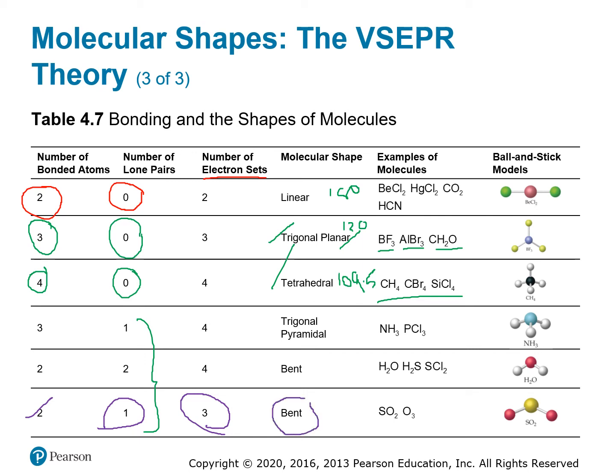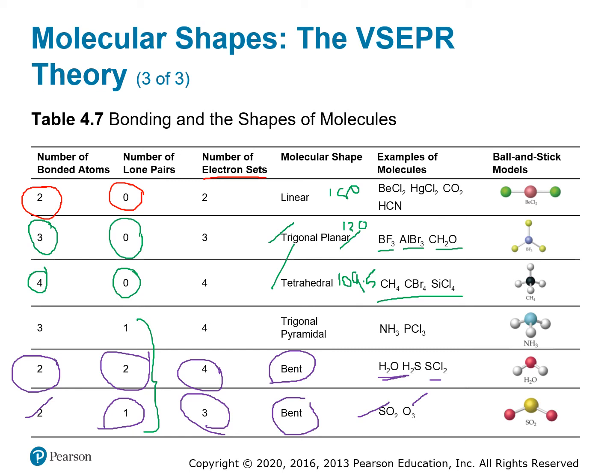Okay, it's called a bent shape. So for example, sulfur dioxide or O3 ozone have this bent shape. When you again have 2 bonded atoms, but they also have 2 lone pairs of electrons, then the electron sets will be 4, and the molecular shape is referred to as bent, and that is the case in water or hydrogen sulfide or sulfur dichloride.